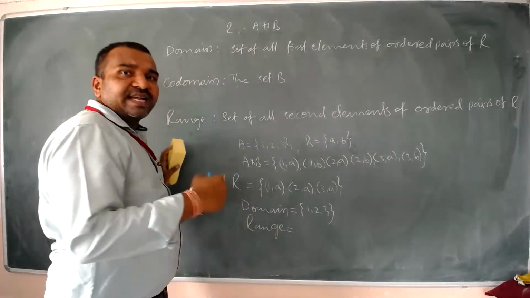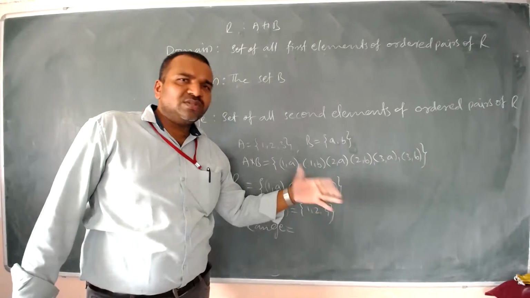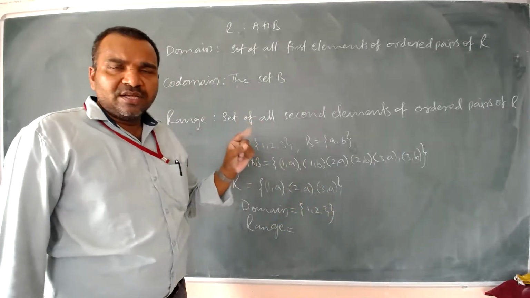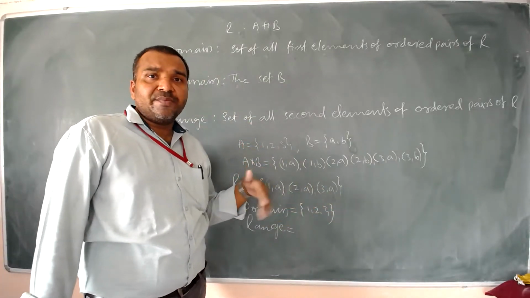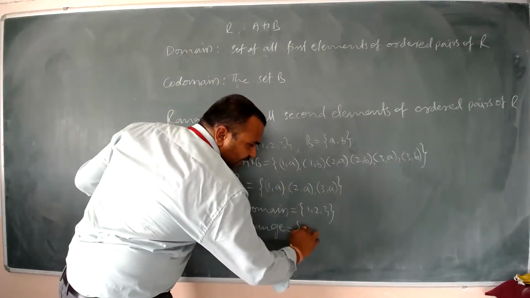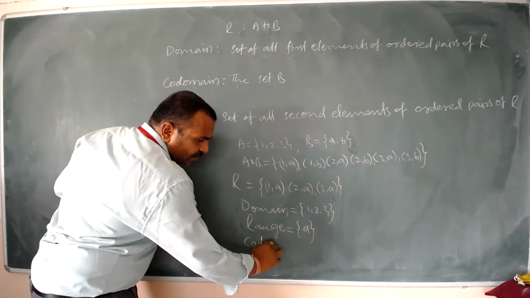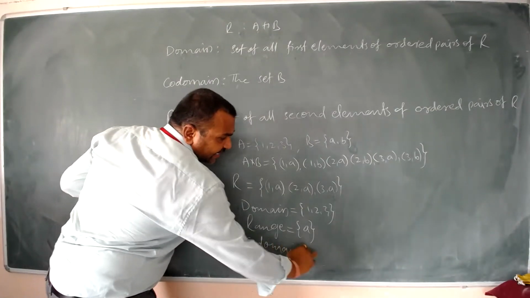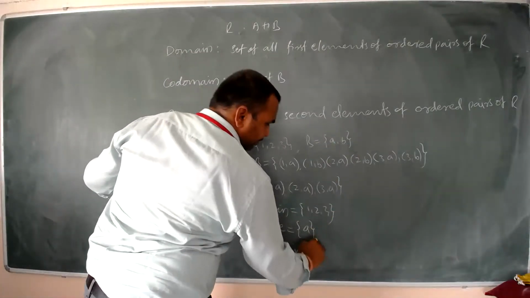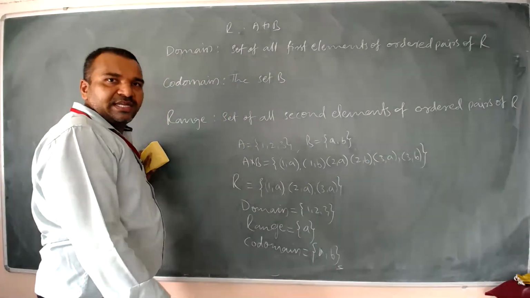The set of all second elements of the ordered pairs. What are the second elements? a, three times, but in a set repetition of elements is not allowed, so we get only one element, a. Next, what about codomain? The total second set. What is the second set? B, {a, b}.